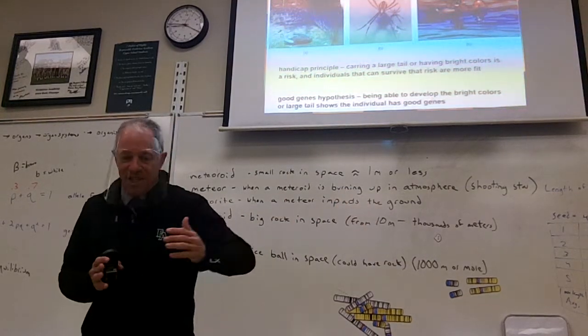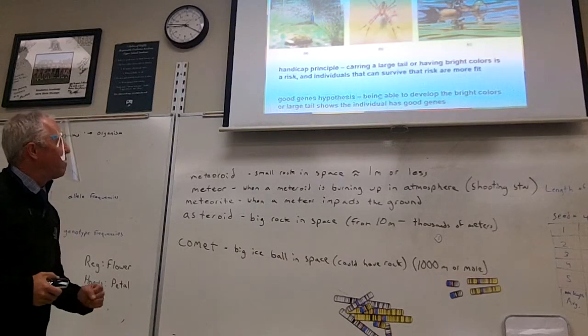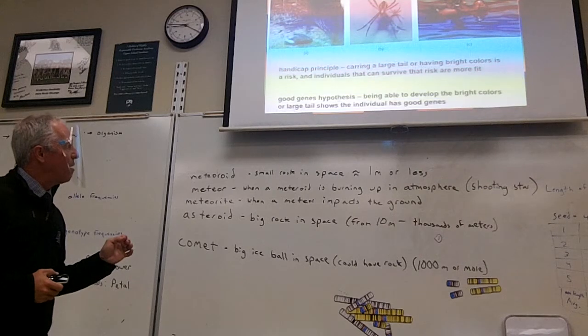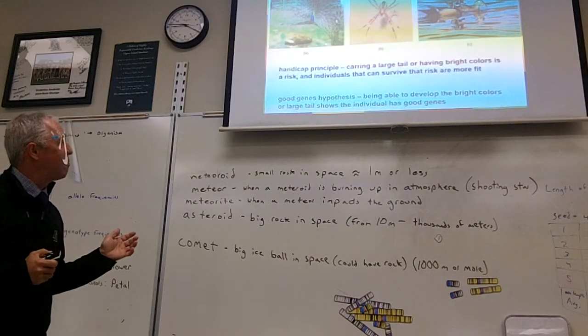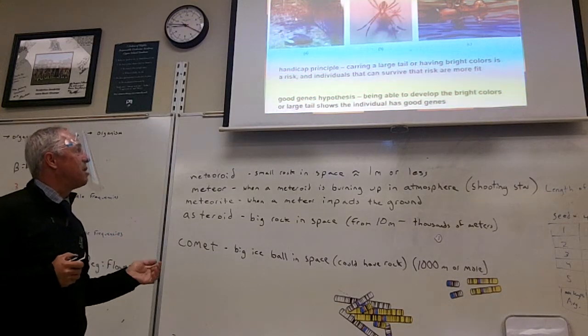The best genes tend to survive over time. And that's what this good genes hypothesis comes from. If you're able to build this elaborate structure, you must have good genes.